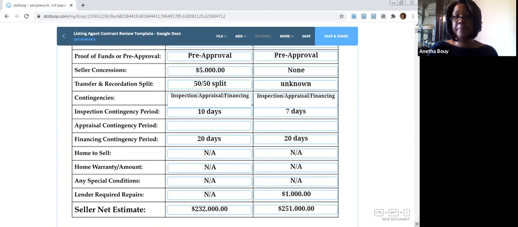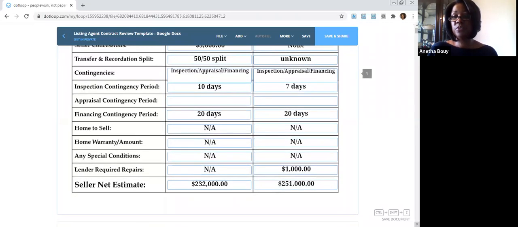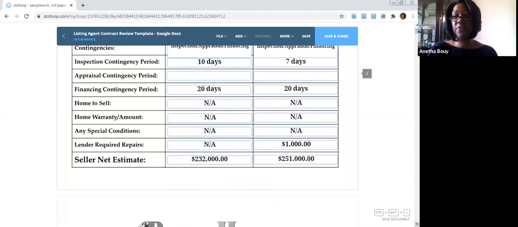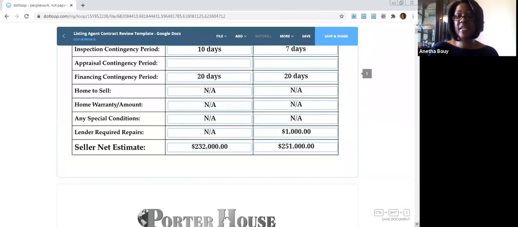Okay. And also I wanted to make sure that you all know that you, as the seller agent, are going to share with the seller if there is an offer that they are interested in. They can accept the offer in its entirety just as it is.